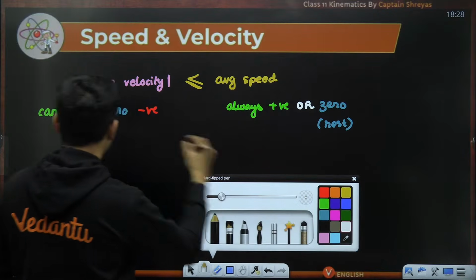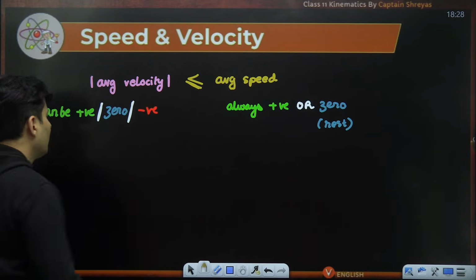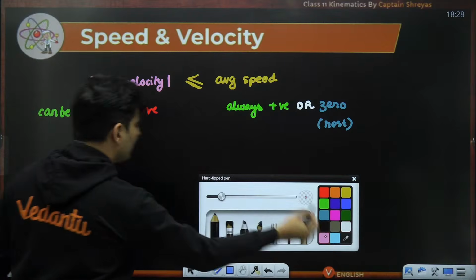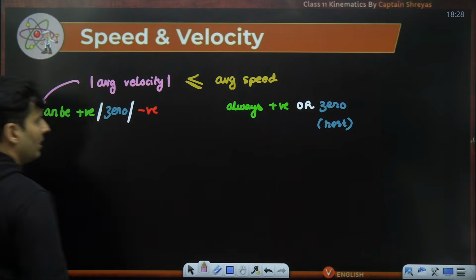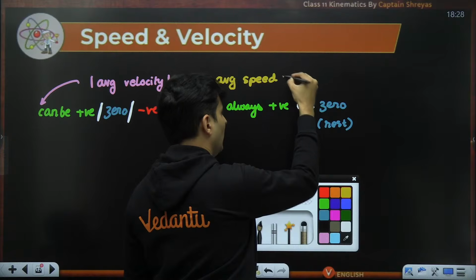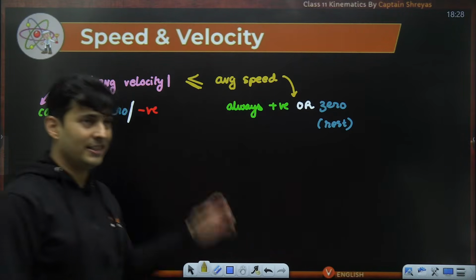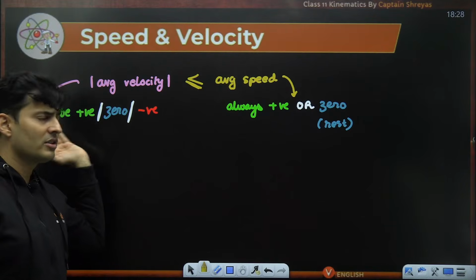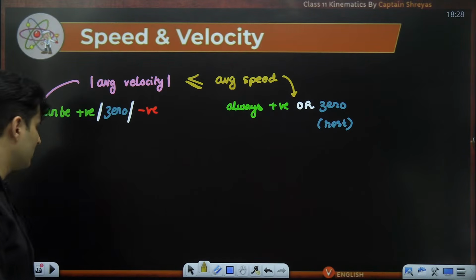All of the following is possible. It can be positive, 0, or negative with regards to average velocity. But average speed is always positive or 0 because distances are never negative, but displacement can be positive or 0 or even negative in numbers.